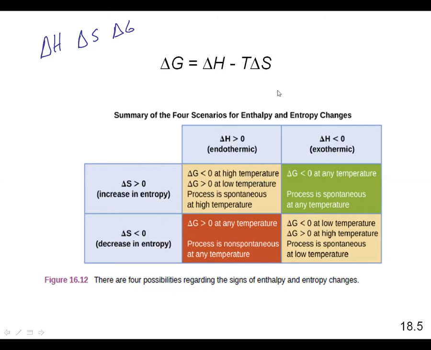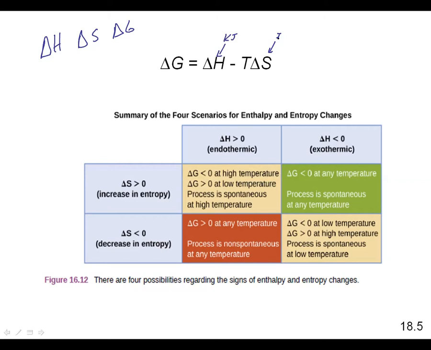Unit-wise, though, as we did talk about, there are some differences. Again, this is going to be in kilojoules, and this is going to be in joules. So you do need to, especially when you use this equation, do some conversion of the units. Otherwise, you'll be off by that factor of 1,000.